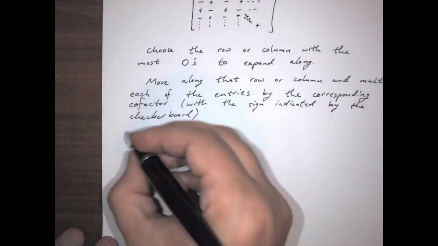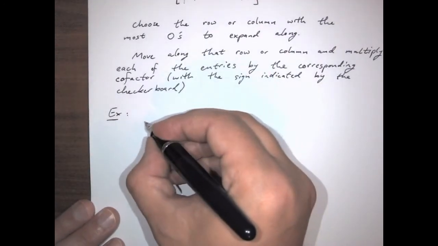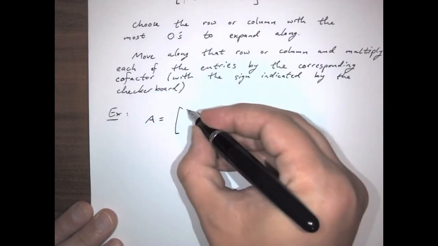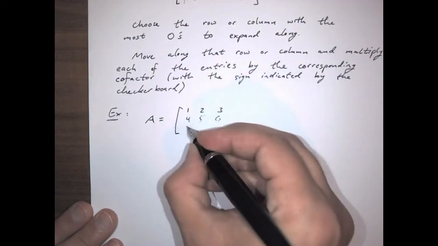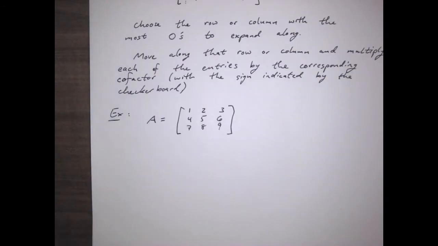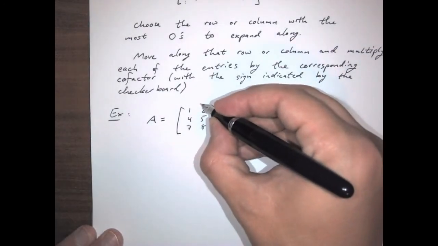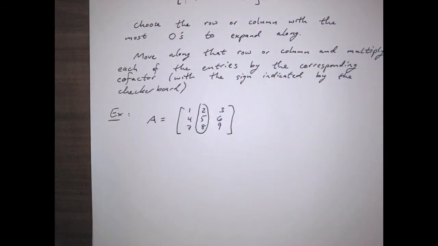So, for example, let's just go back to the old A equals 1, 2, 3, 4, 5, 6, 7, 8, 9. Now here we do not have any zeros to choose from, so just out of thin air, I randomly choose this column, and this was just chosen completely arbitrarily by me just now in a fit of caprice.